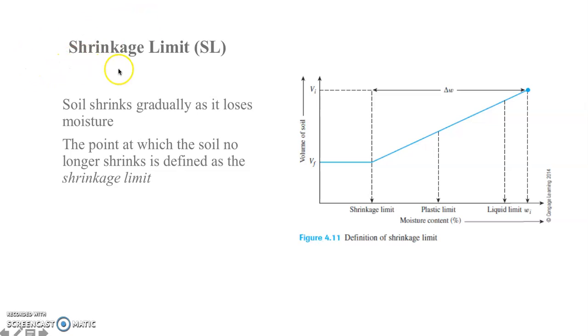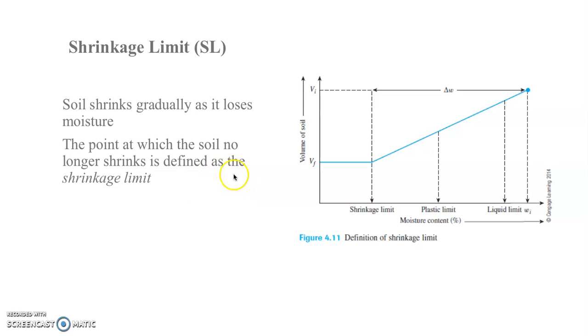So basically, shrinkage limit is an indication of volume change in a particular soil, from wet soil to dry soil. Soil shrinks gradually as it loses moisture content. The point at which the soil no longer shrinks is defined as the shrinkage limit.